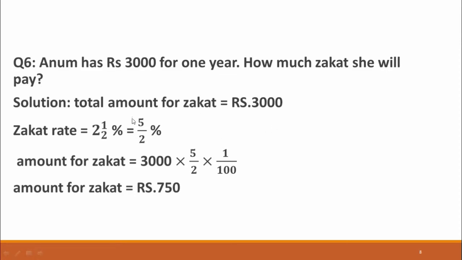And the zakat rate is 1 over 40, or 5 by 2 percent, meaning 2.5%. So what will be the zakat for this person? 3,000 multiplied by 5 by 2%, meaning 5 by 2 multiplied by 1 over 100. And now the zakat for these 3,000 rupees is 750 rupees.